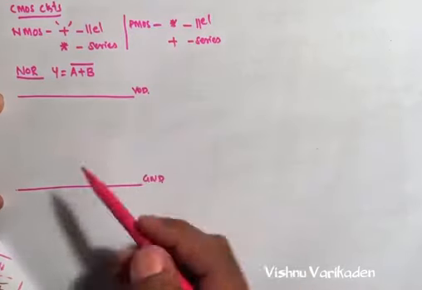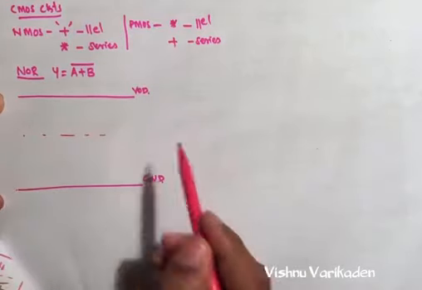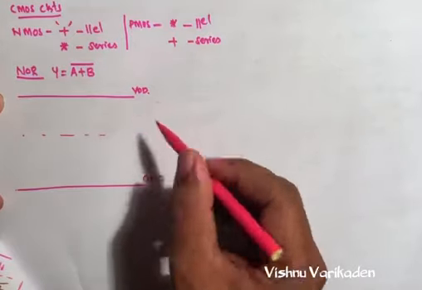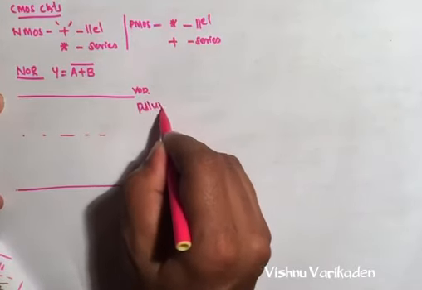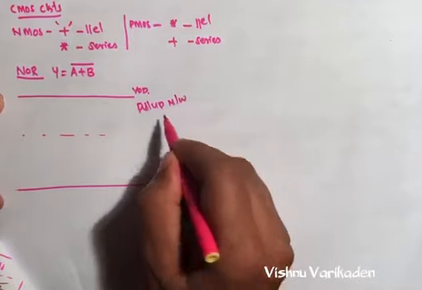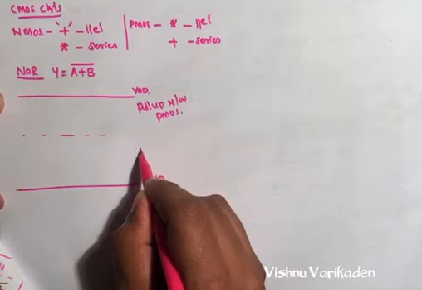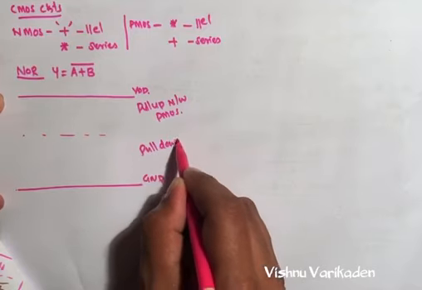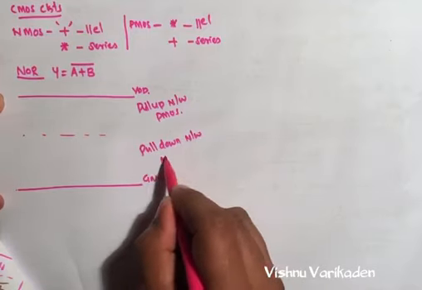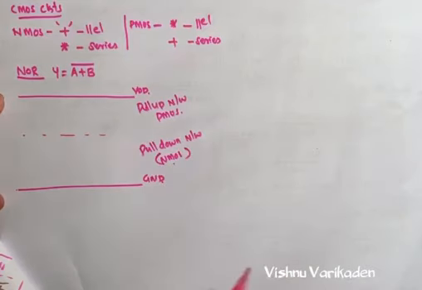Consider this a middle point; the part above is called the pull-up network. This only contains PMOS. This one is the pull-down network. It only contains NMOS transistors.